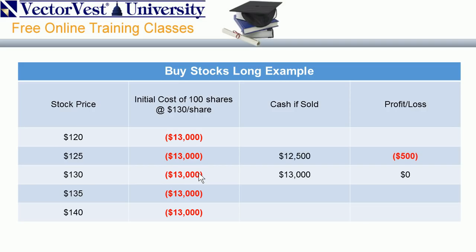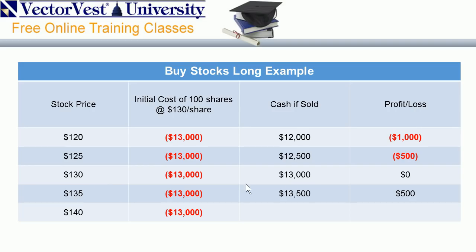Well, again, playing the what if game, what if it went down to 125 and I were to sell my position? Well, I lost $500. And so my value would now be $12,500. If the stock were to fall to 120, my position is now worth $12,000, and if I were to sell it, I'd have a $1,000 loss.